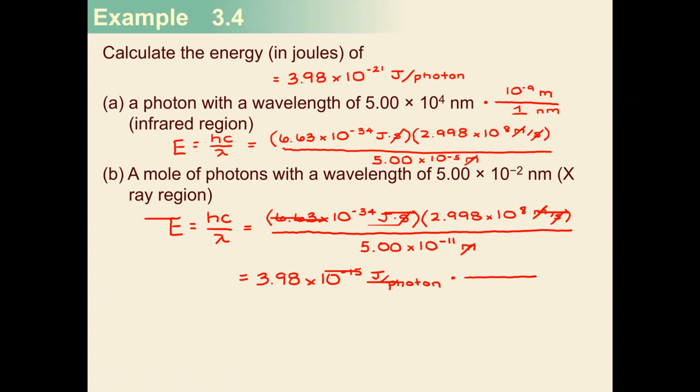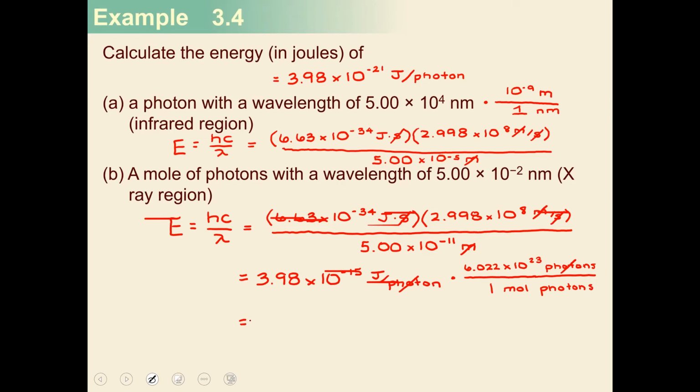So because photons are on the bottom, we can say that there are 6.022 times 10 to the 23rd photons in 1 mole of photons. So our photon and photons can cancel.